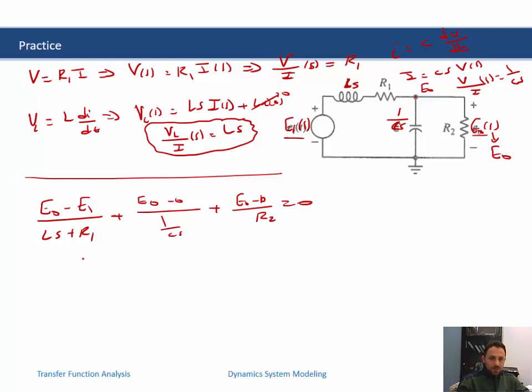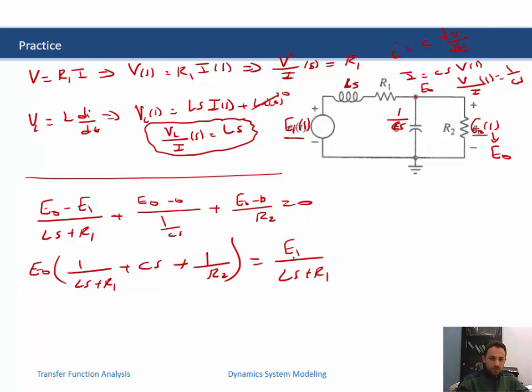So let's take E0 as a common. 1 over Ls plus R1 plus CS plus 1 over R2, which is equal to E1 over Ls plus R1. Common denominator, okay.